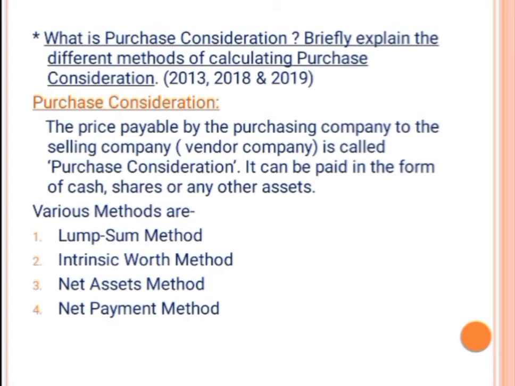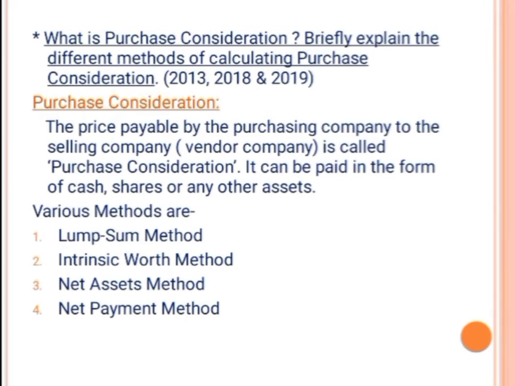So under the net payment method, the purchase consideration will be equal to cash received plus value of shares received plus value of any other assets received. Okay, this is how we calculate the purchase consideration under the fourth method, that is net payment method.